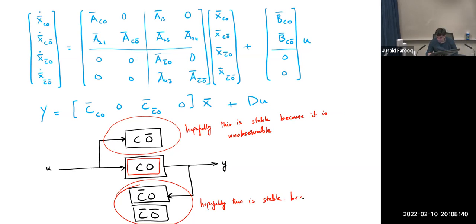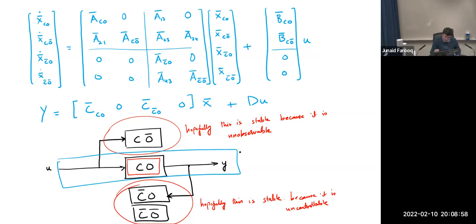And here it is uncontrollable. And basically, this is the system of interest. And from the next lecture, we are going to focus on this piece and just making sure that the other pieces are not problematic.